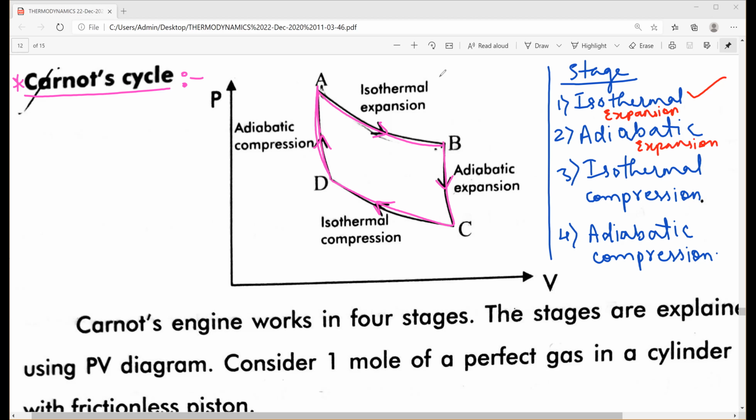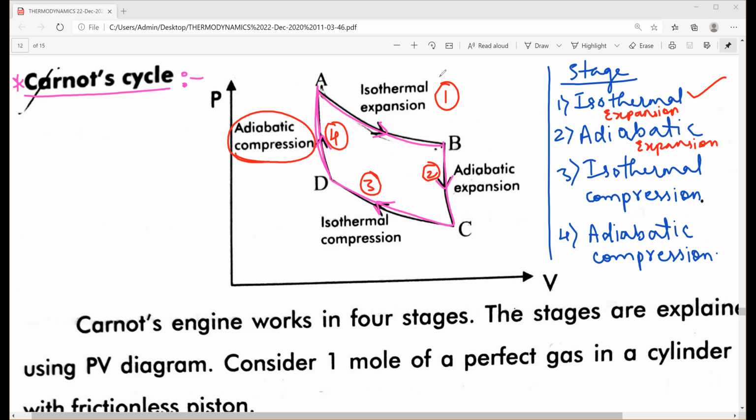The third is isothermal compression. The fourth is adiabatic compression. We have already shown this. This is the first stage, this is the second stage, this is the third stage, and this is the fourth stage. Then one complete cycle is done. The arrow mark indicates the direction of the process.